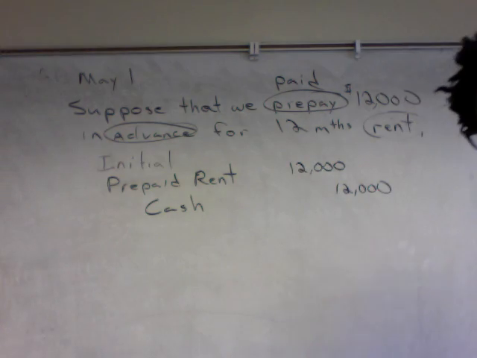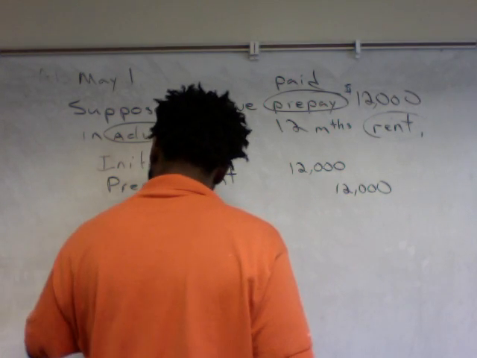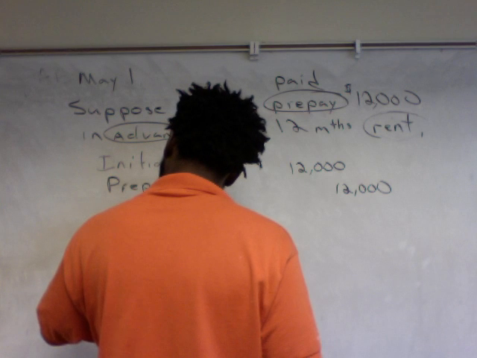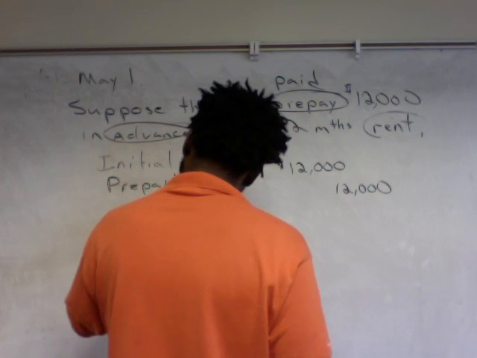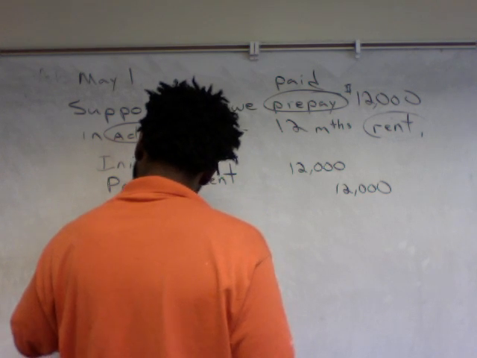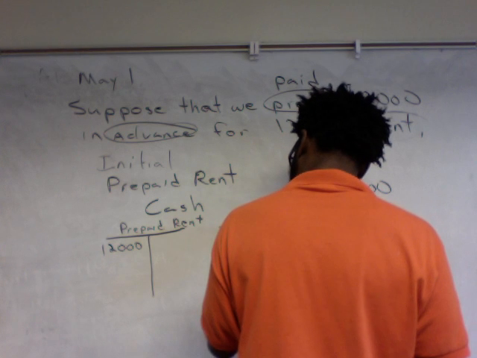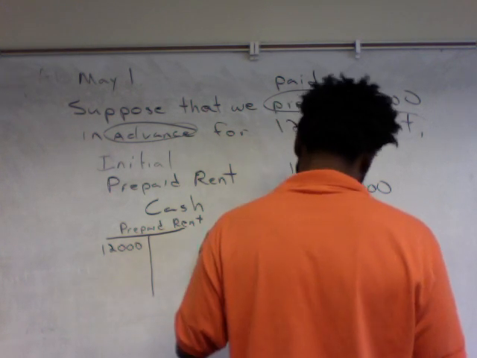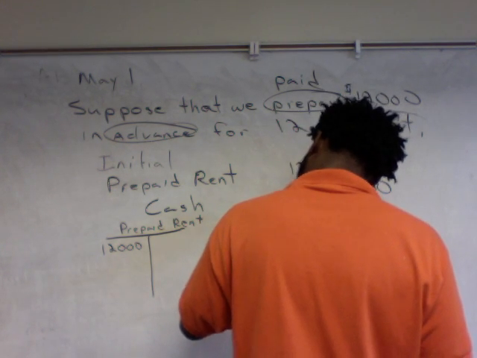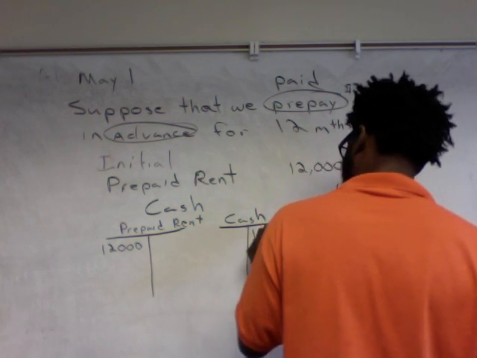And so systematically, we will go to our ledger, and we have the prepaid, and we have the $12,000 that needs to be debited, and our cash account should be credited $12,000 as well.